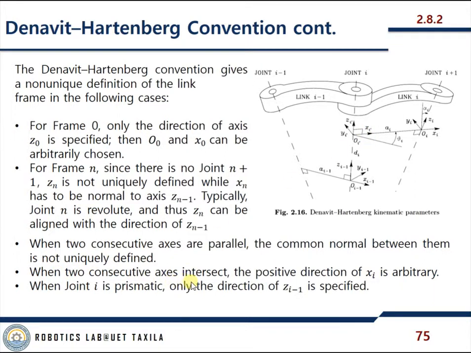When two consecutive axes intersect, the positive direction of Xi is arbitrary, so you can choose any direction, from here to here or here to here. When joint i is prismatic, only the direction of Zi minus 1 is specified, and the rest of the directions are calculated accordingly.